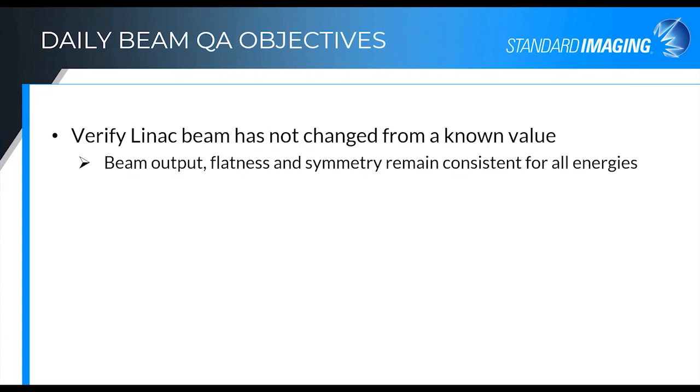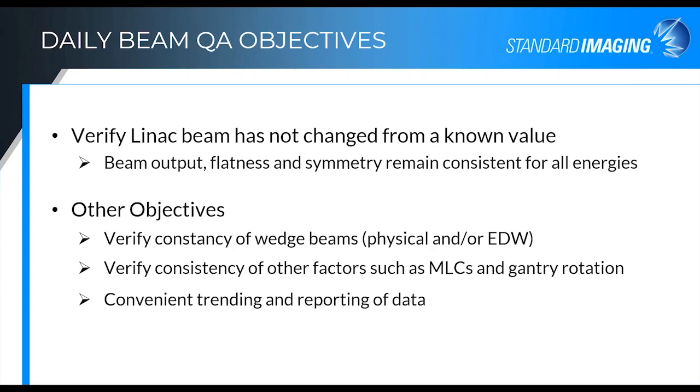So what are your daily beam QA objectives when you're measuring your Linac beam? Well, you want to verify that from a given time and date the values that are output from your Linac have not changed. So things like your beam output, flatness, and symmetry, you want to be sure that at all energies, those factors are remaining constant compared back to a specific date and time.